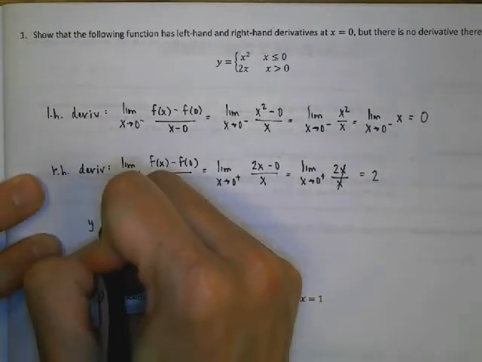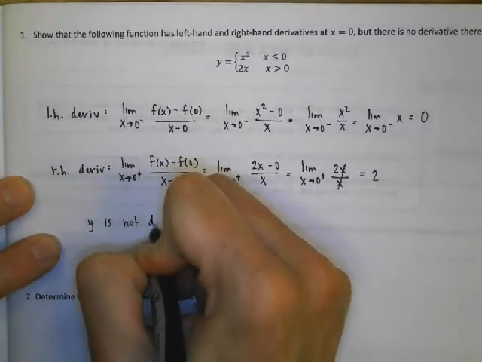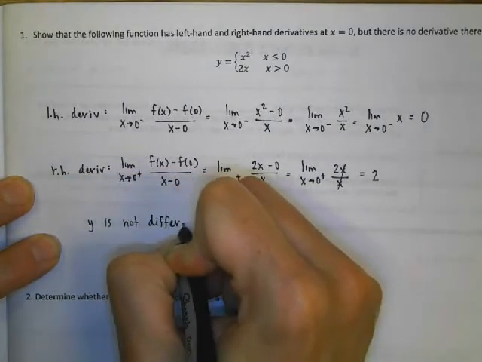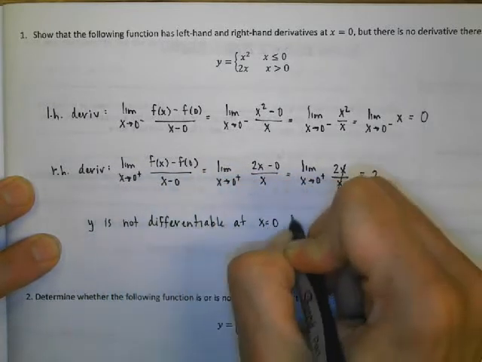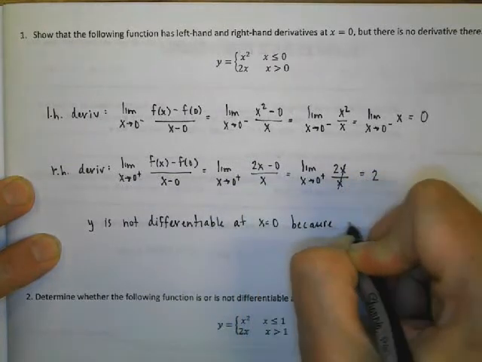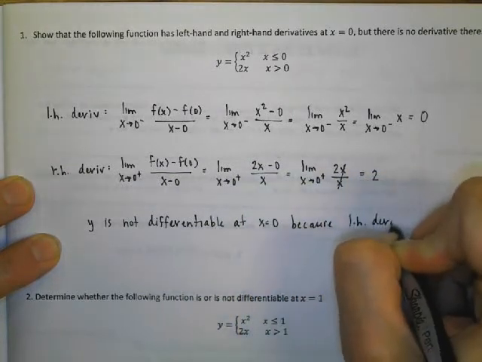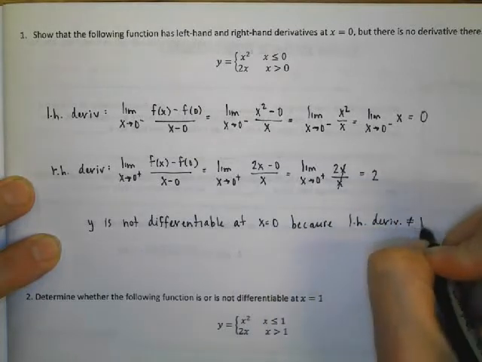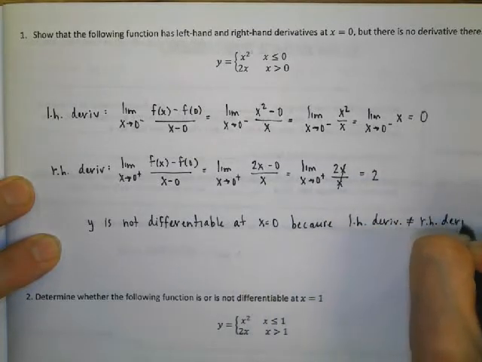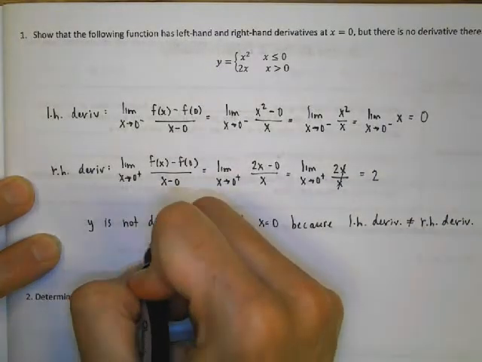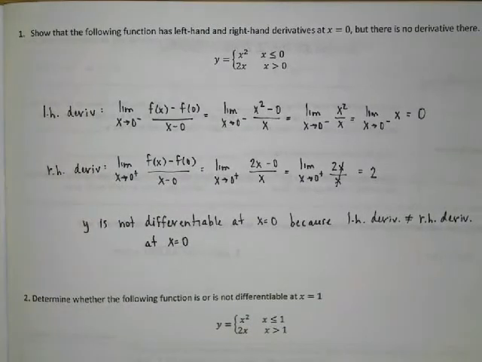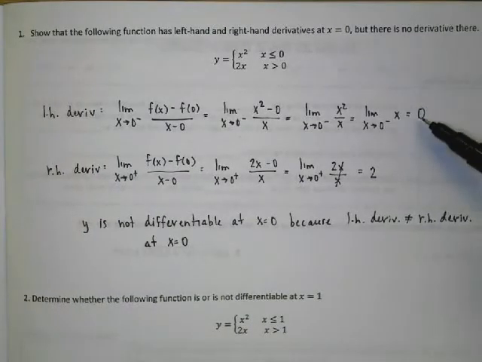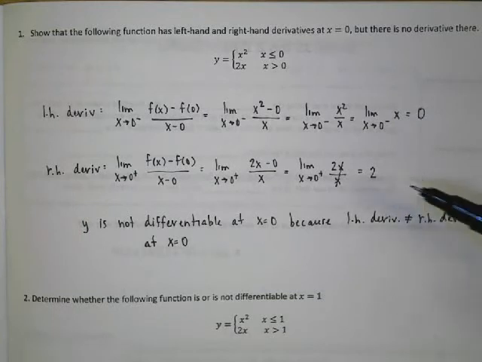So we would say that y is not differentiable at x equals 0 because my left-hand derivative is not equal to my right-hand derivative at x equals 0. So while those left and right-hand derivatives exist, since they're not equal, we are not differentiable at that point.